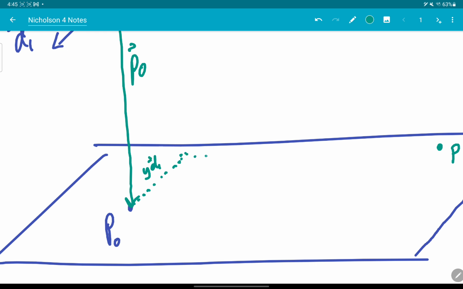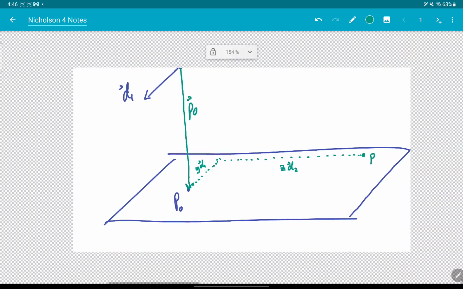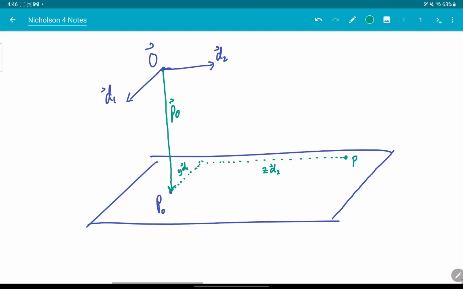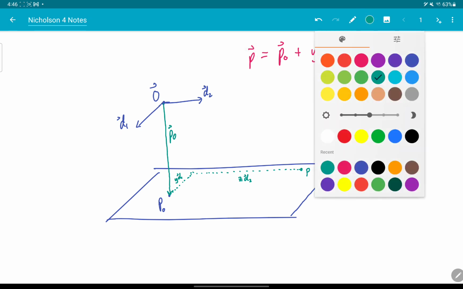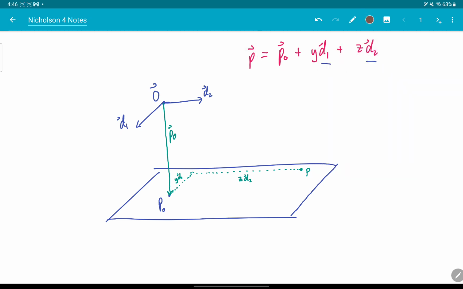And then we can do some multiple of d2 to get over to p. Okay, so any vector p on the plane is, from the origin, first of all, p naught plus some multiple of d1 brings me here, plus some multiple of d2 brings me here. And this is true for any point p on the plane.